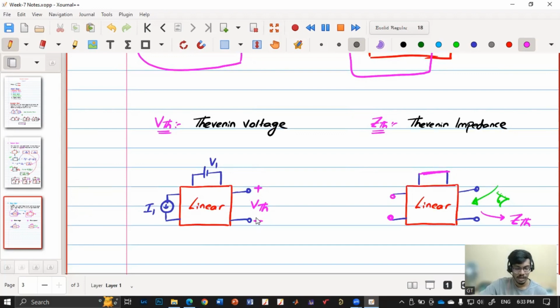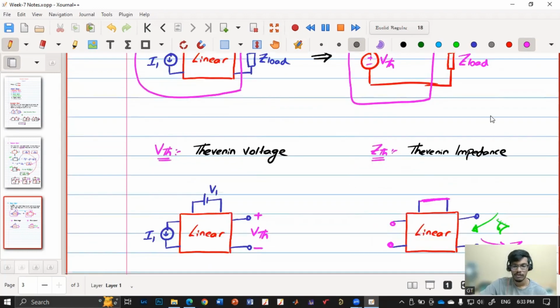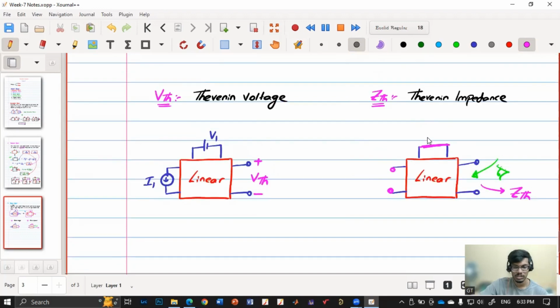The Thevenin impedance is obtained across the same two terminals by removing the load, then shorting the voltage sources and open-circuiting the current sources. So in the circuit there is no source. All voltage sources are shorted, all current sources are open, and whatever impedance you see from these two terminals is called ZTH.